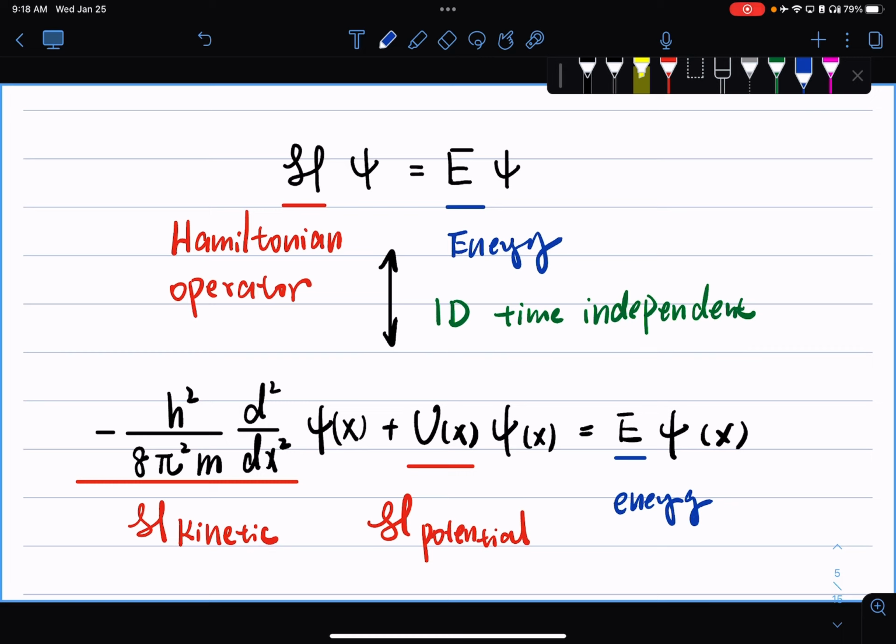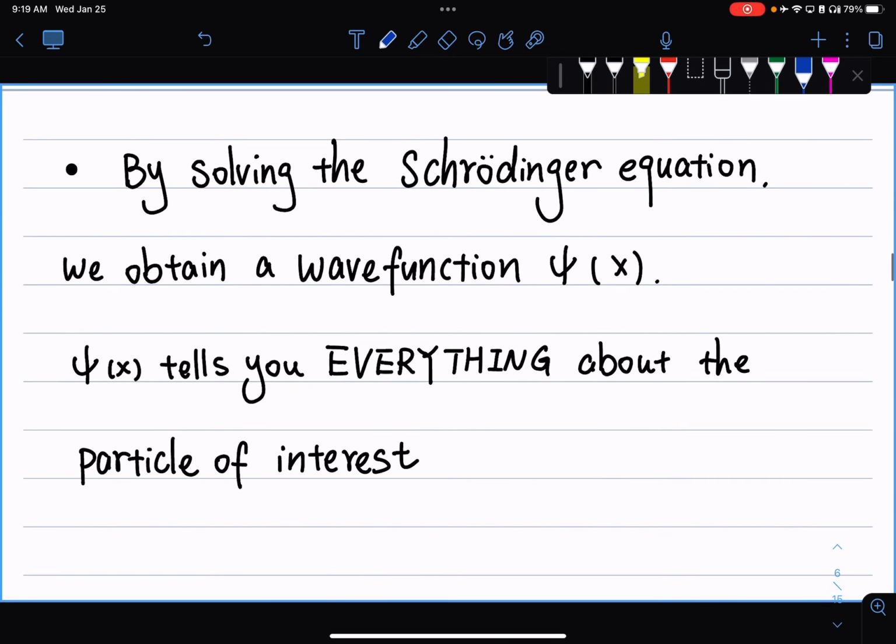So the nature of the Schrödinger equation is a differential equation. And what we're getting out of the Schrödinger equation, so here's what we're getting. By solving the Schrödinger equation, you're going to get a wave function phi x. And phi x can tell you everything about the particle of interest.